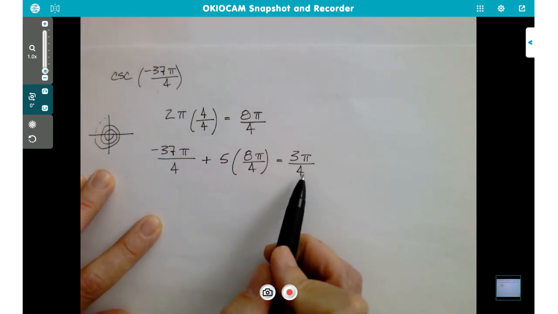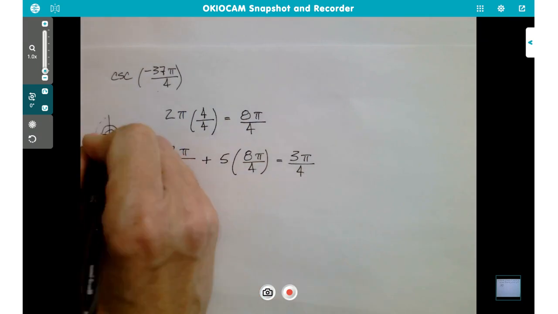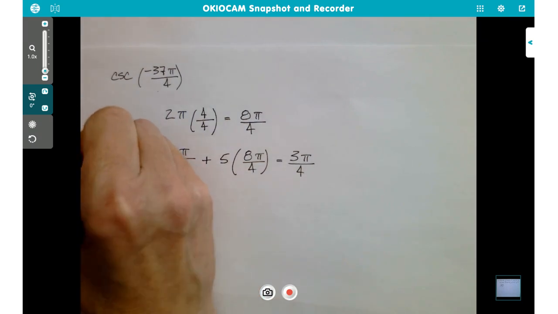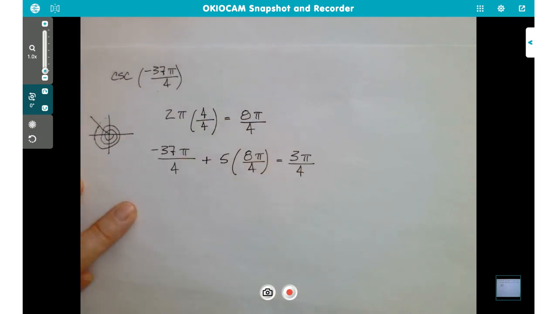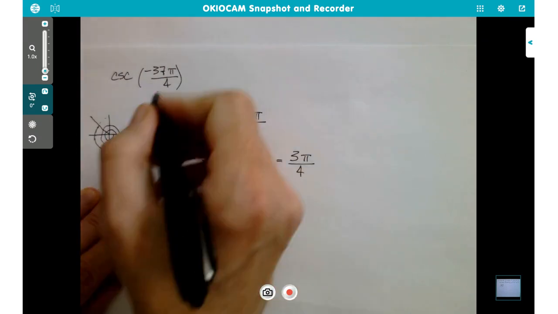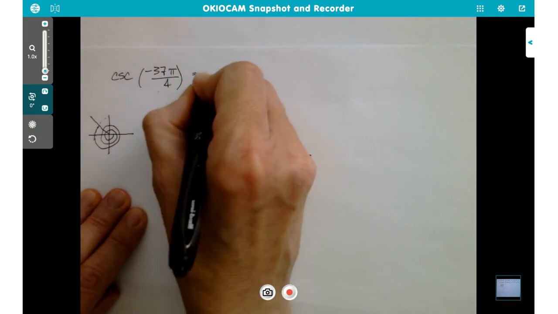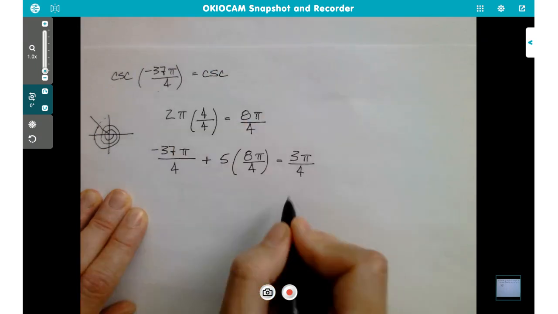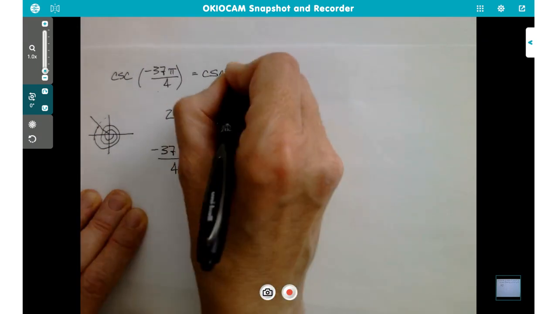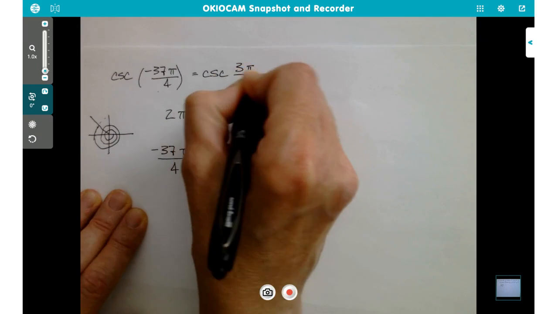So the angle 3 pi over 4 is coterminal with negative 37 pi over 4, and it's one that I relate to better. So I'm going to evaluate the cosecant of negative 37 pi over 4 by evaluating the cosecant of the coterminal angle 3 pi over 4.